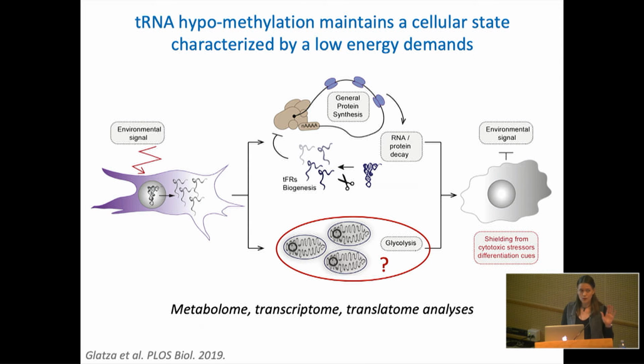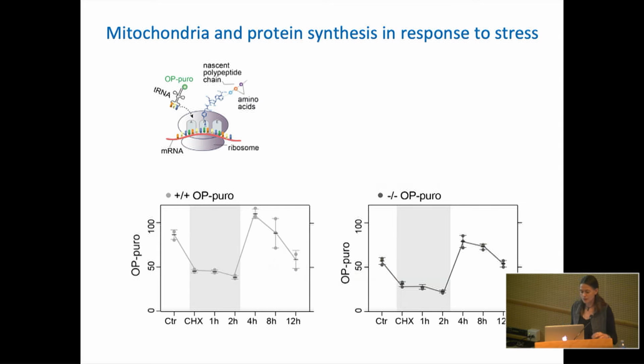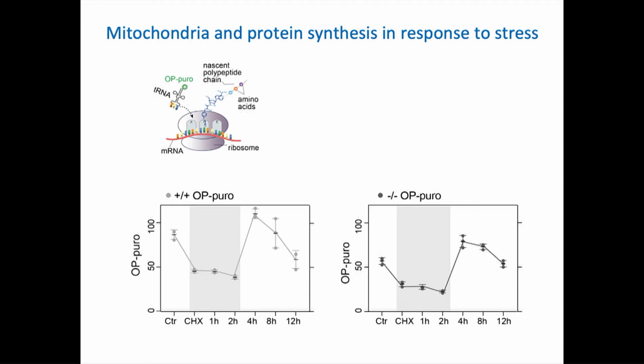And we did it in a very crude way, I have to admit, but I thought it was giving some interesting results. During the stress response to oxidative stress, in the same cell, we measured how protein synthesis changes and how the mitochondrial activity changes. We used OPP incorporation as a measurement of de novo protein synthesis.